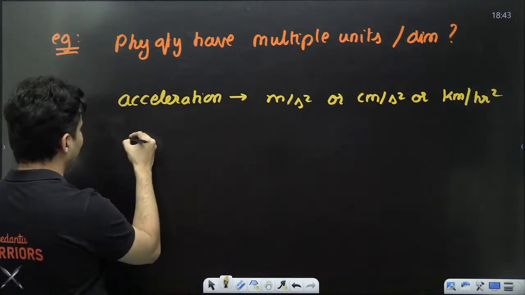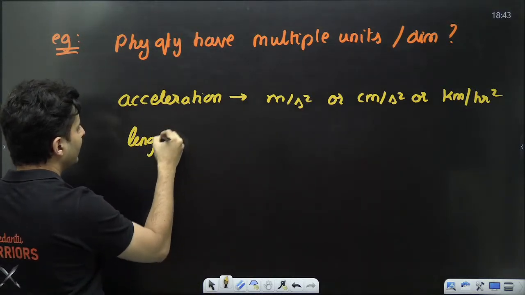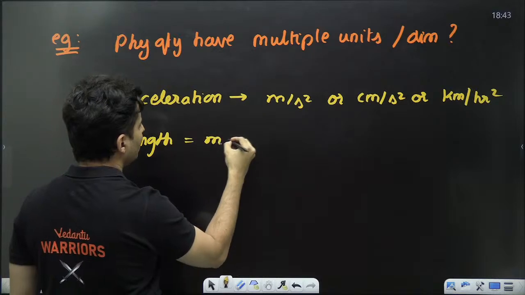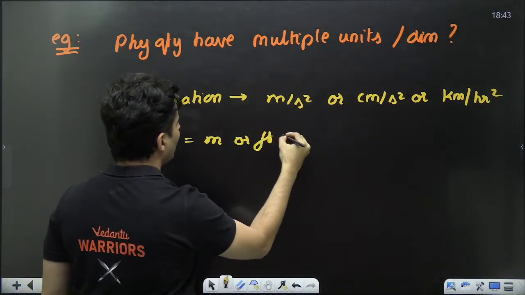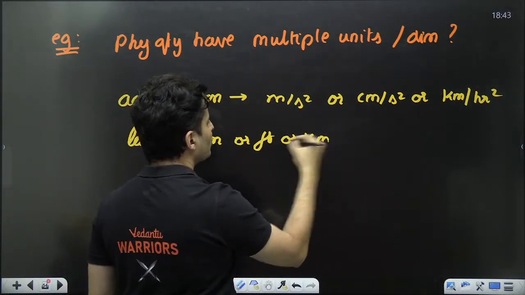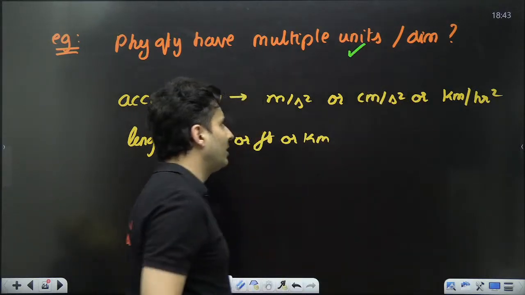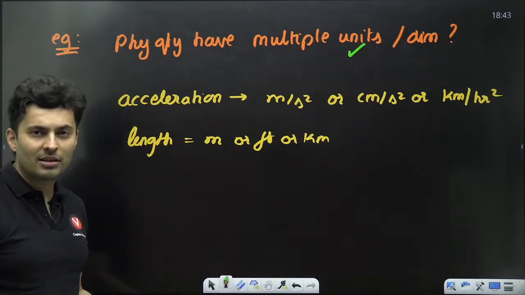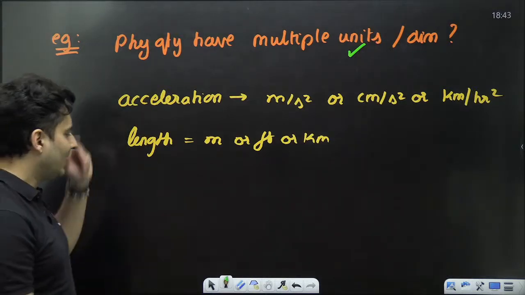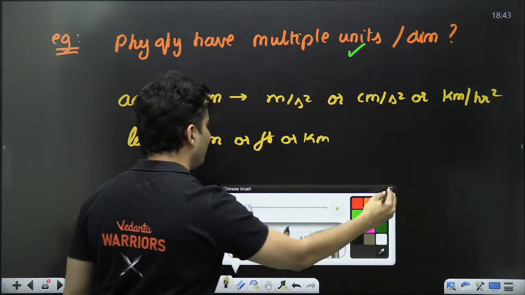Or take the example of just simply length. Length is also a physical quantity. I can use meter, or I can use feet, or I can use kilometer. So many units. Definitely, this is possible. It can have multiple units. But what about dimensions? Acceleration has a unique dimension.